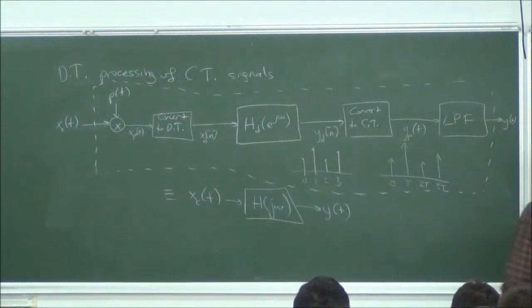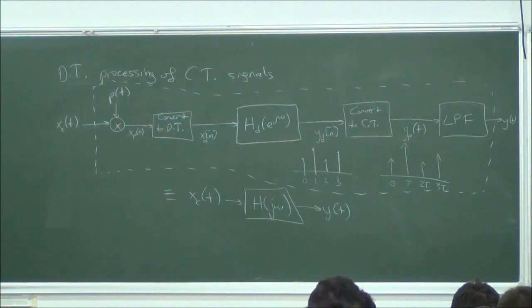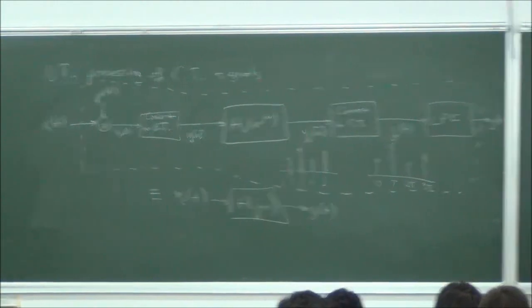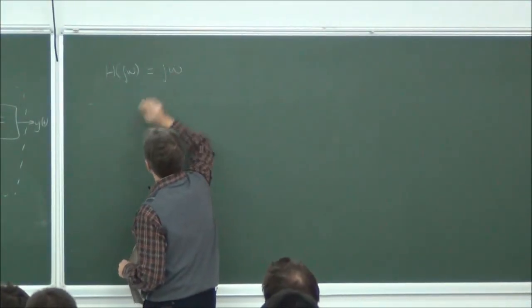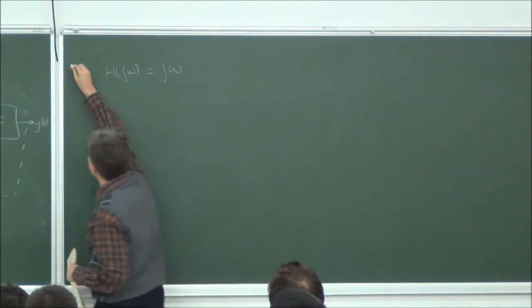For instance, let's assume that your h of j omega is equal to j omega. This is an example.